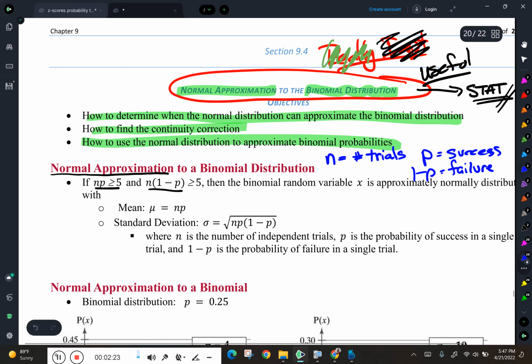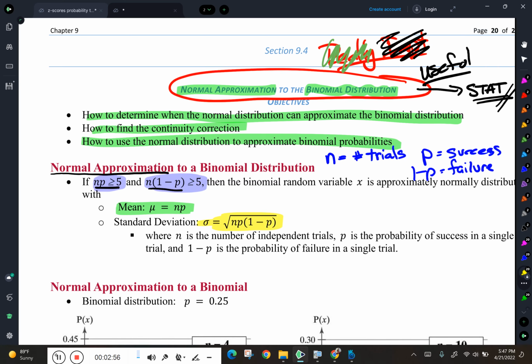So this idea of n times p and n times failure both being greater or equal to 5 is basically just saying that, hey, if you knock on enough doors, if you run enough trials of the experiment, you can approximate it using a normal distribution. And if you can do that, then the mean of that normal distribution will be n times p, and the standard deviation of that normal distribution will be the square root of n times p times 1 minus p.